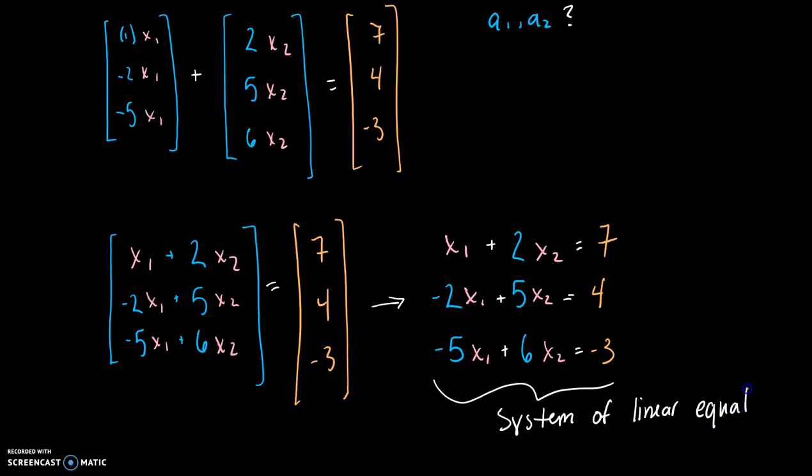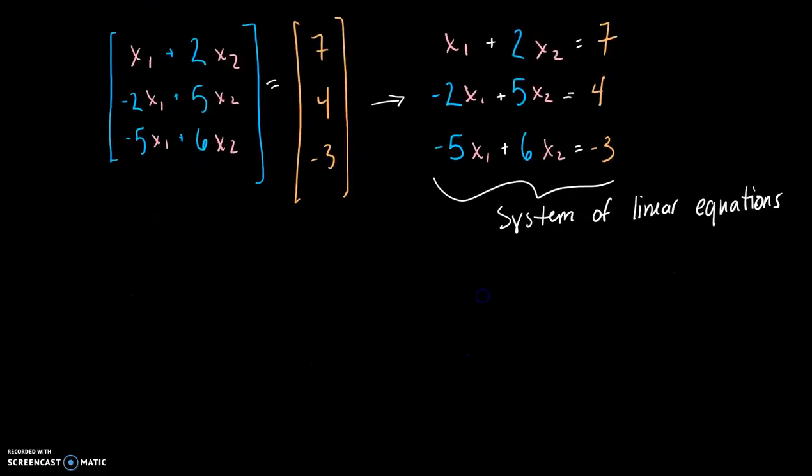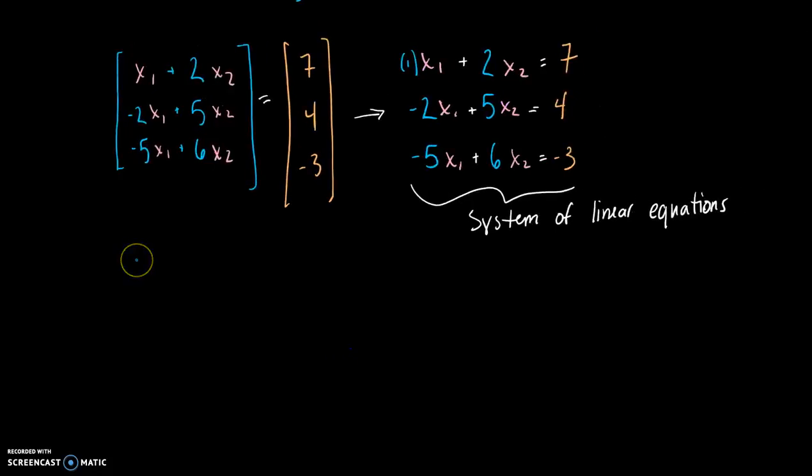Alright. Now, how do we represent a system of linear equations? We can represent a system of linear equations using an augmented matrix. What we would do is just grab the coefficients. So we're going to have 1, negative 2, negative 5, and 2, 5, 6.